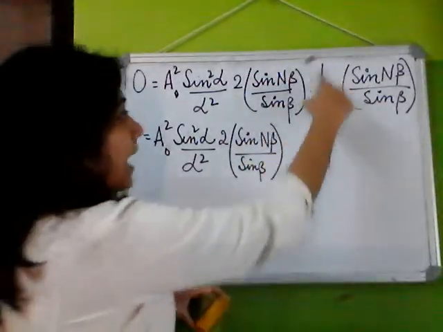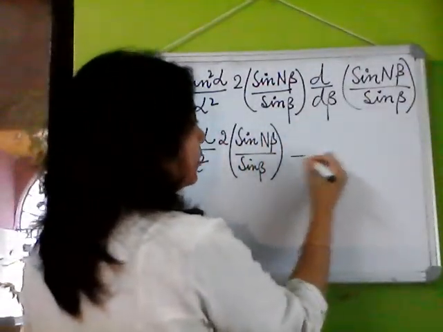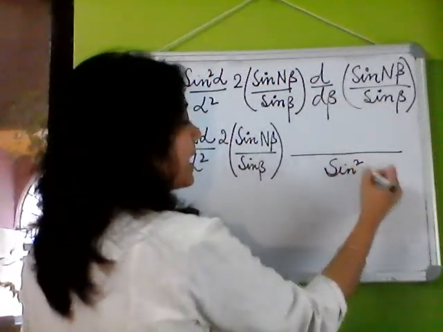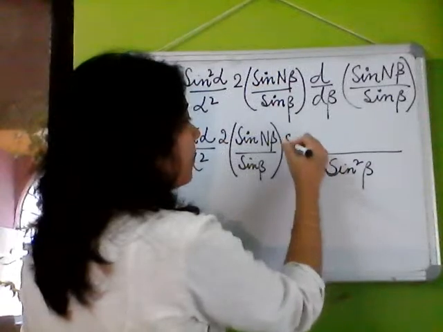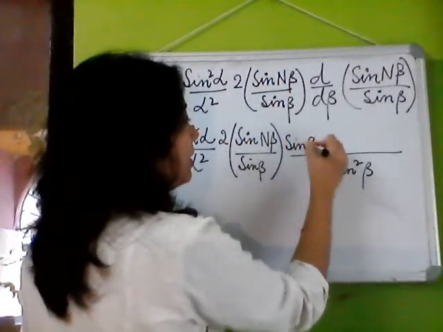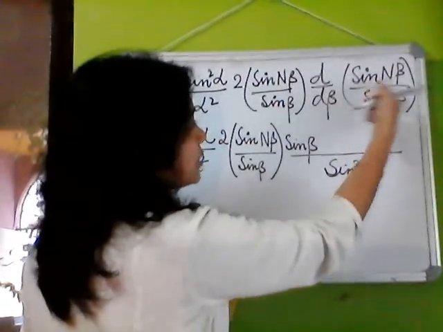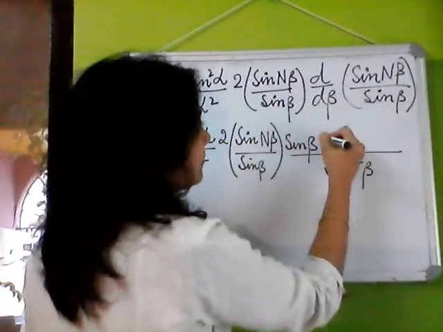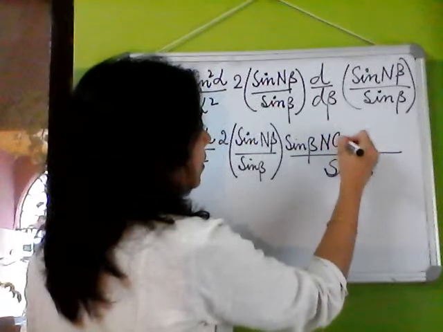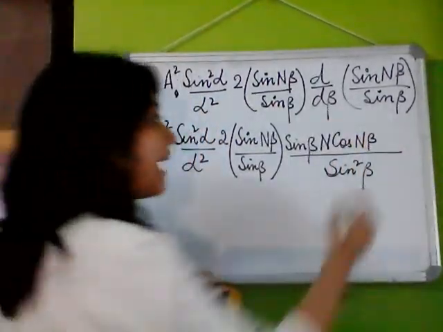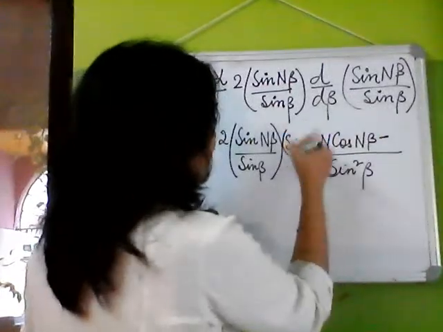What am I doing now? I am going to differentiate this. So what am I going to have? Numerator square, denominator square, sine square beta, denominator sine beta, d/d beta of numerator, which means differentiation of sine n beta. Sine n beta, if I differentiate, I will have n cos n beta, correct? Minus, let me take this little common.